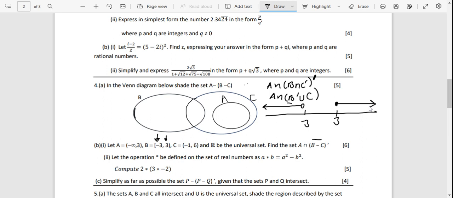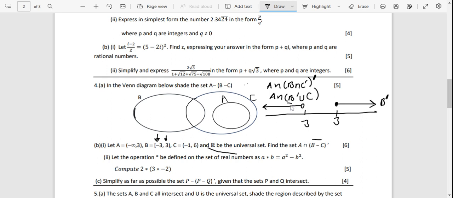Now, for this one, I'm just putting arrows because the universal set is not restricted. The universal set is the set of all real numbers. That is why I've put arrows. Otherwise, if we knew the bounds or the limits of the universal set, I would have just gone to where the universal set ends. So this is B complement.